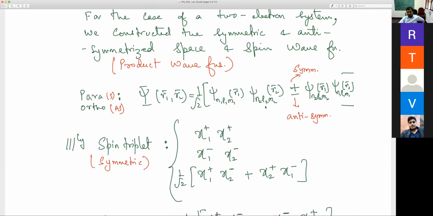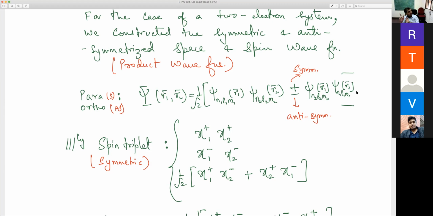For example, for the spatial part, we had this combination: 1 by root 2, psi n1 l1 m1 of r1 times psi n2 l2 m2 of r2, plus or minus psi n2 l2 m2 of r1 times psi n1 l1 m1 of r2, with the indices changed. You should think of the quantum numbers as labels of the box, and r1, r2 as labels of the particles, which are indistinguishable.